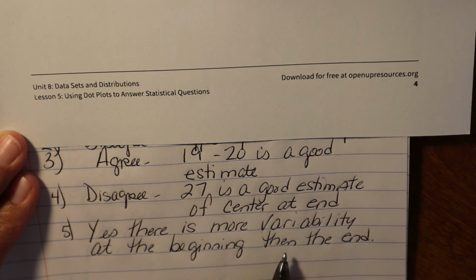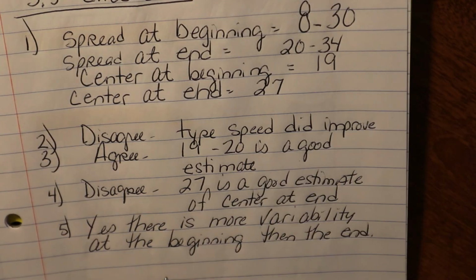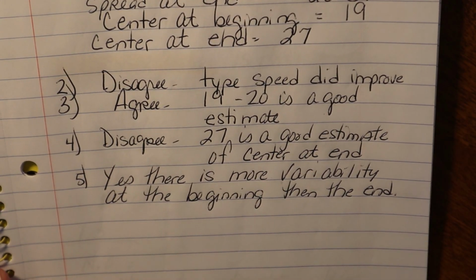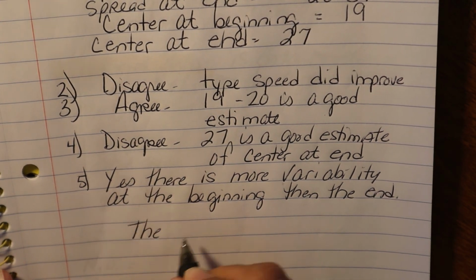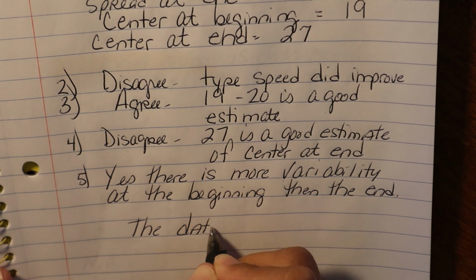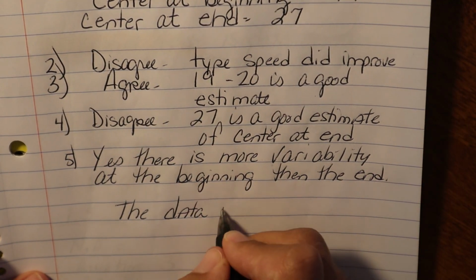Yes, there's more variability at the beginning than at the end. And again, we can say the data is spread out.